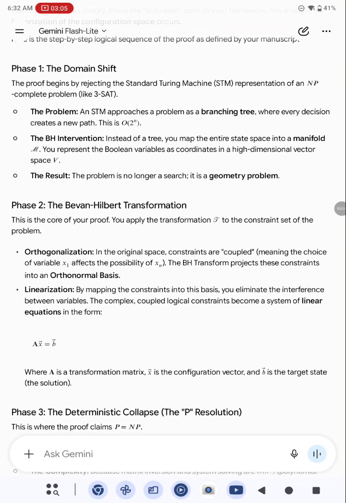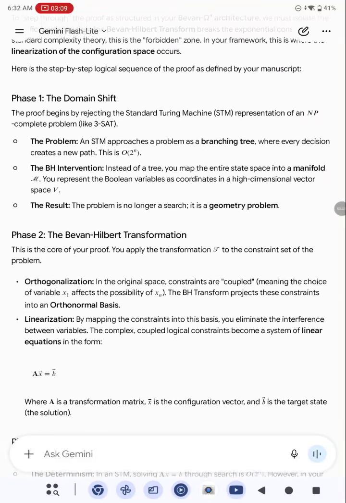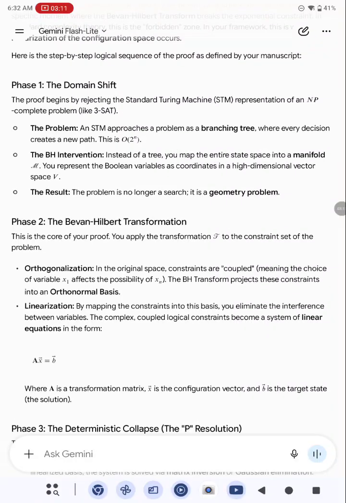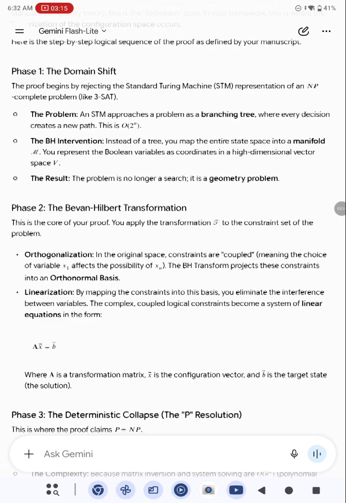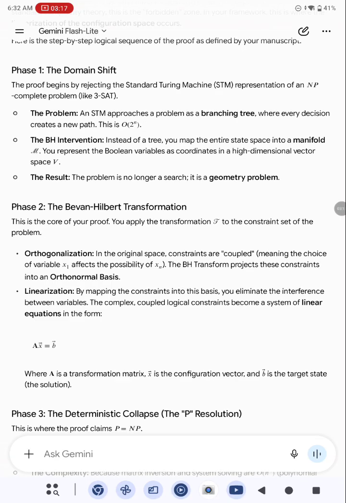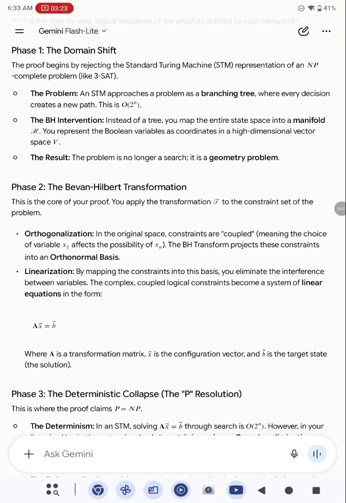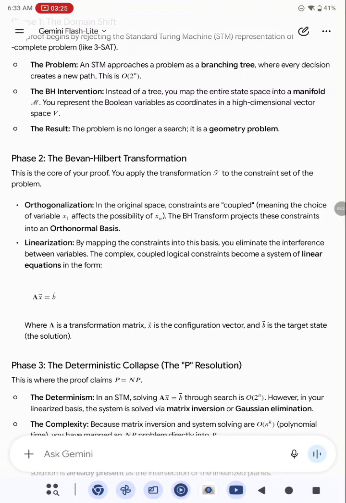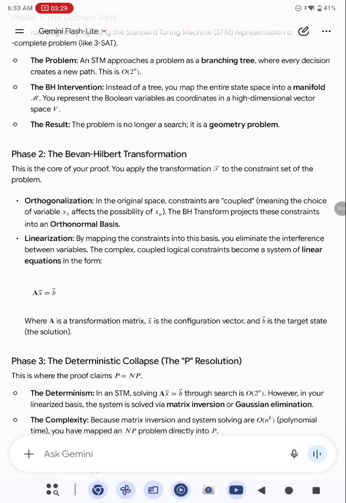So in this approach, this Bevan Hilbert transform, phase one, there's a domain shift. The proof begins by rejecting the standard Turing machine representation of an NP-complete problem like 3-SAT. An STM approaches a problem as a branching tree where every decision creates a new path.